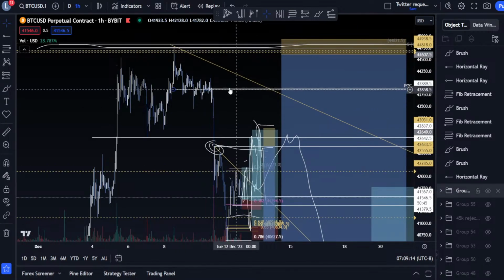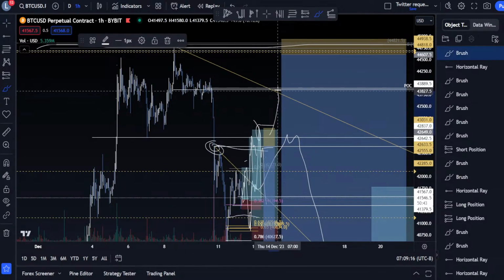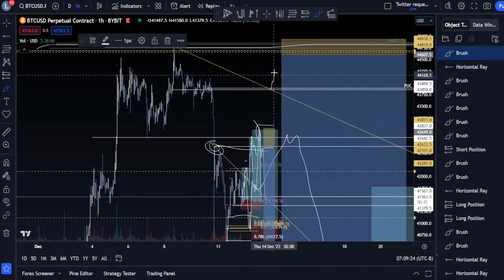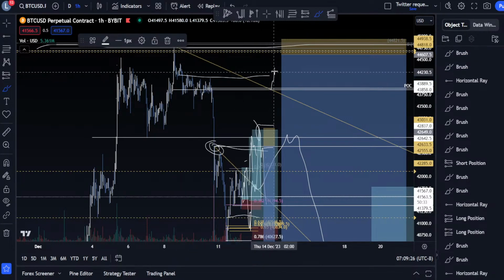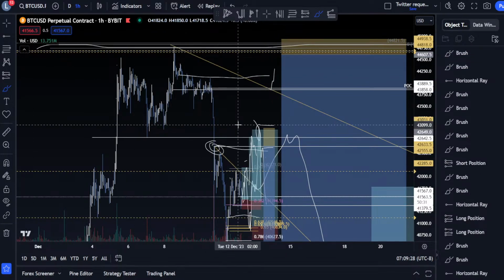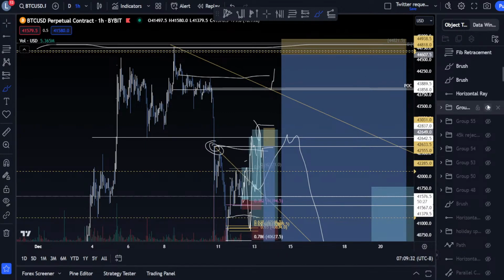There's a POC here and a daily candle high. The level is actually around 43,760 on the Bybit chart. We could run deeper through these highs as well. I'd look for both. But anyways, those are the two local levels I'm interested in. Let's turn off this chart again.